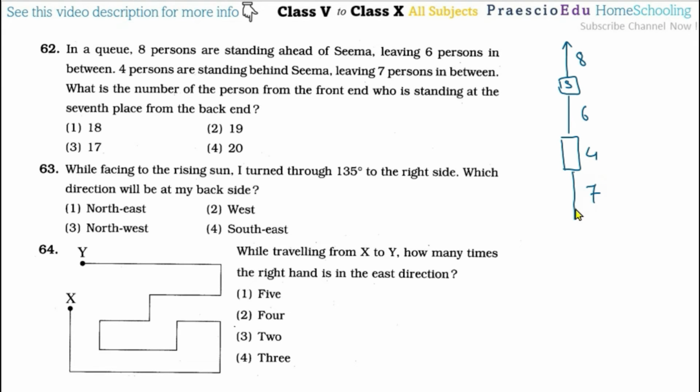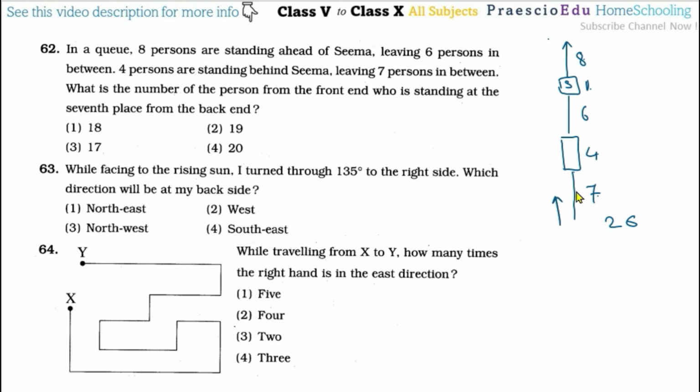So this is the row. For this one, we will do the counting from Sima. So 8 plus 1, that is 9, plus 6, 15, plus 4, 19, plus this 7. So there are a total of 26 persons in a row, in a queue. So what is the number of the person from the front end who is standing at the 7th place from the back end?